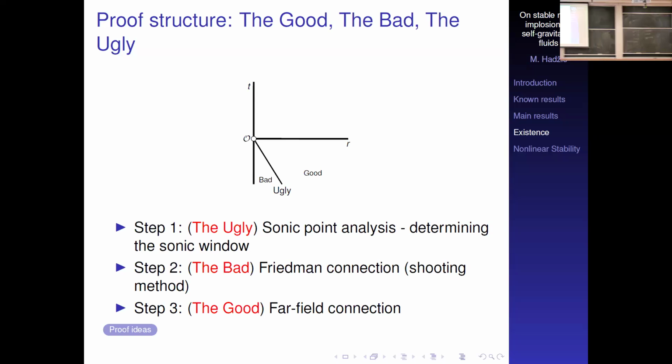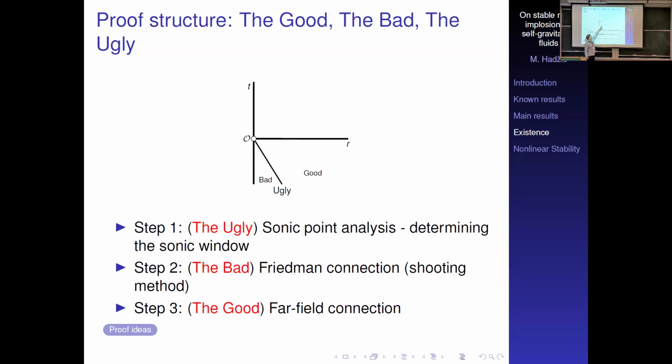So what we do first, we identify a range of possible, let's say, meaningful choices for what I want to call the sonic point, this line y star. And that's the ugly bit.